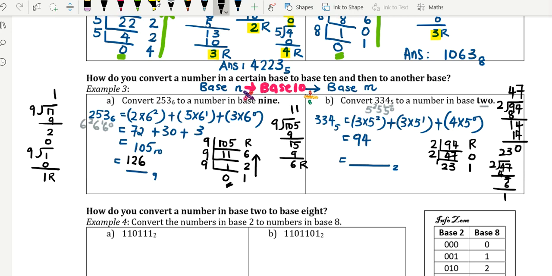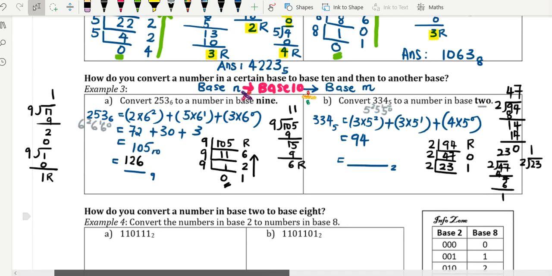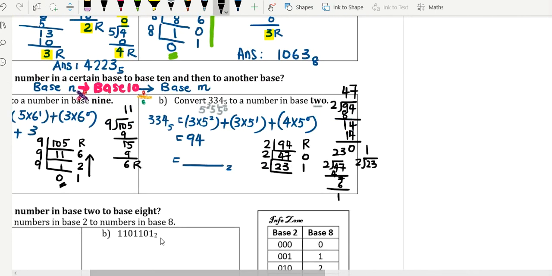Continue on. Divide again with 2. So 23 divided by 2: 2 times 11 is 22. And the remainder is 1. Continue. 11 here.